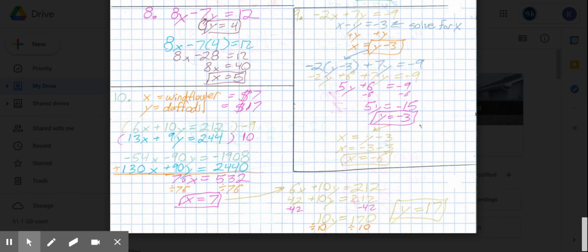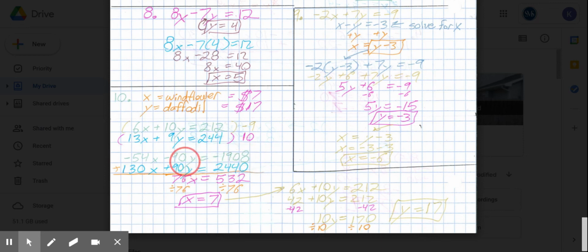Then I decided to use elimination, or combinations, to solve. I wanted to cancel out the y's, so I'm multiplying my top equation by negative 9, bottom by 10. Those equations become negative 54x minus 90y equals negative 1,908, and 130x plus 90y equals 2,440.